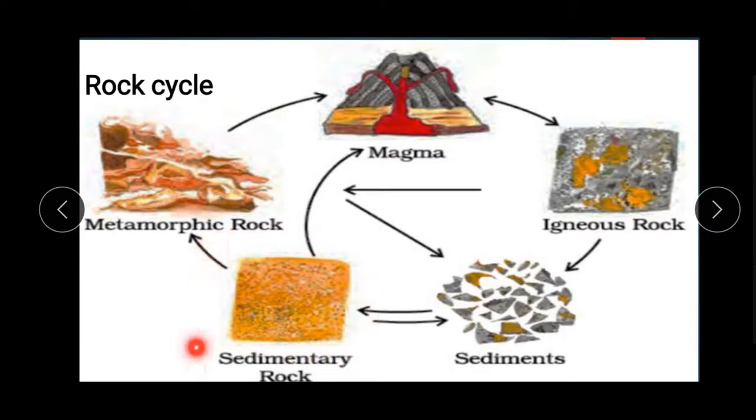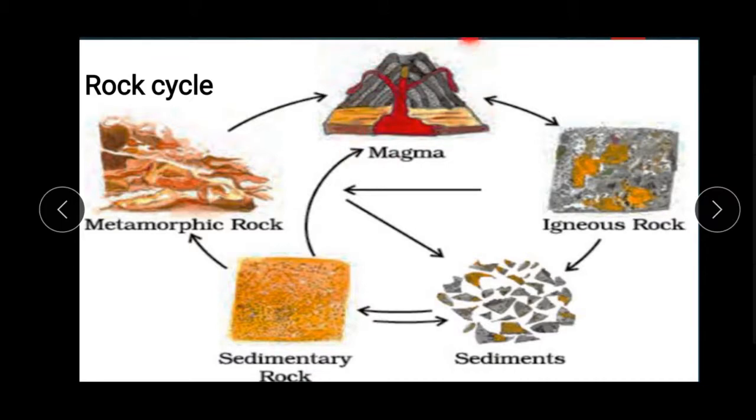Then after some years, they form sedimentary rock. This sedimentary rock undergoes heat and pressure and forms metamorphic rock. Okay, children, and this metamorphic rock undergoes heat and pressure and forms molten magma.